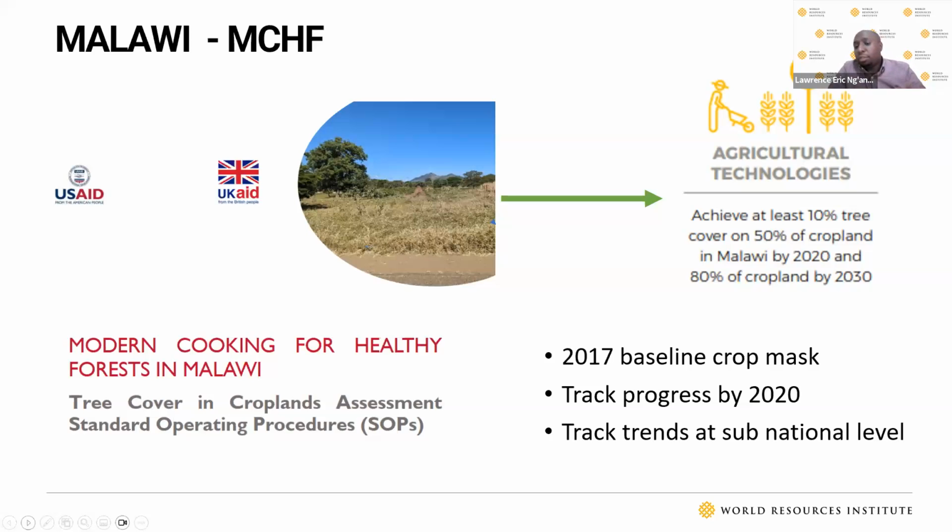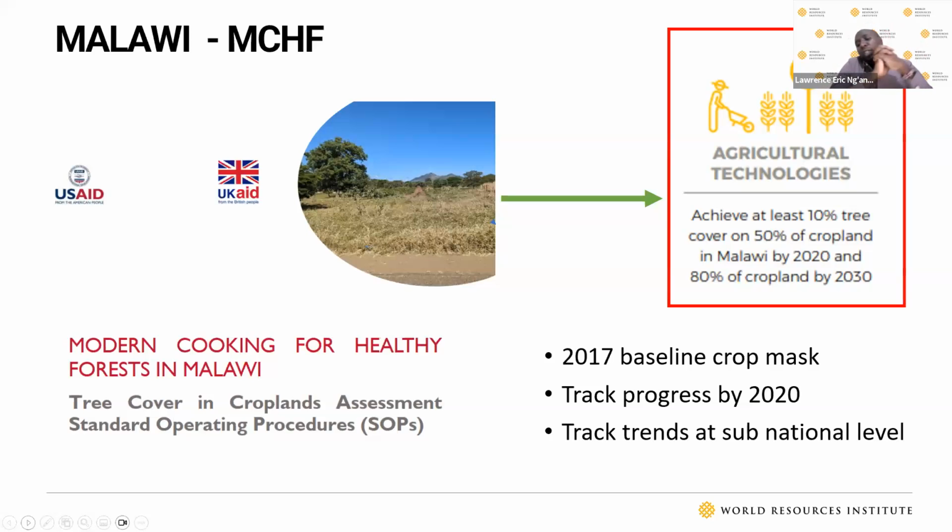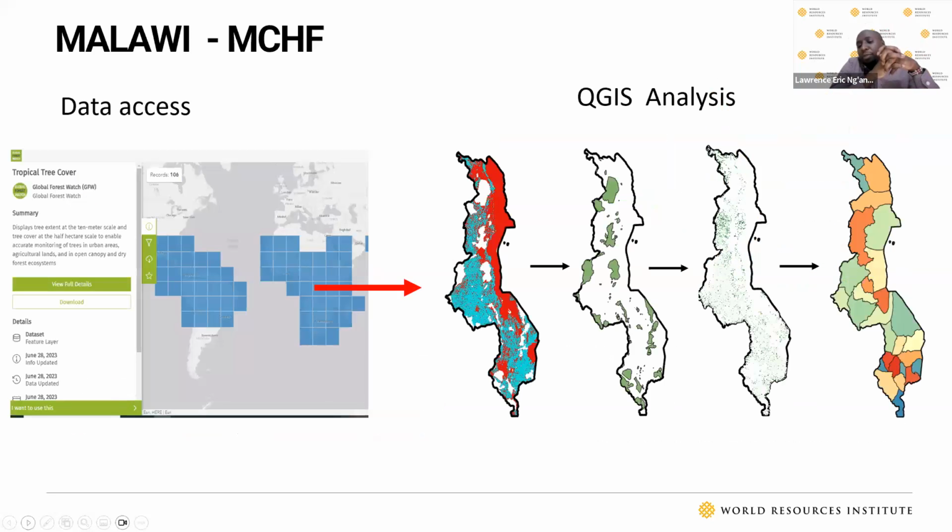So from this methodology, or SOP, it was able to clearly outline how we can go to Global Forest Watch, access the data from the portal, and use other open source tools as well to analyze, create the baseline, mask out some of these particular areas, and then derive statistics at the national level and at the subnational level, down to the traditional authority level, and show the trends of what has been happening.